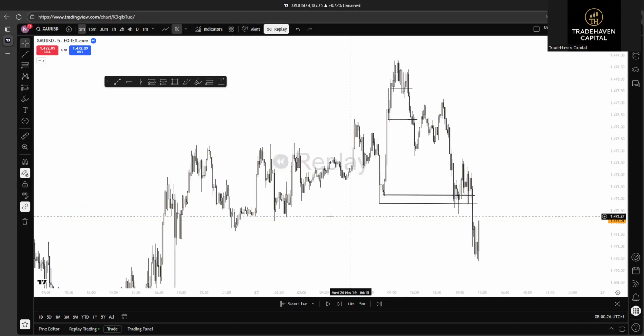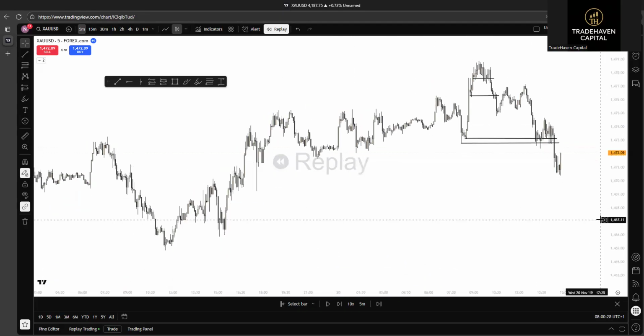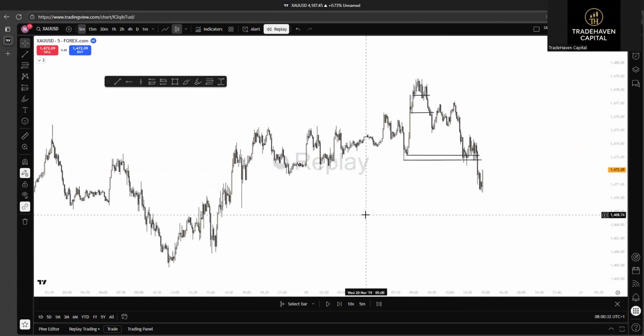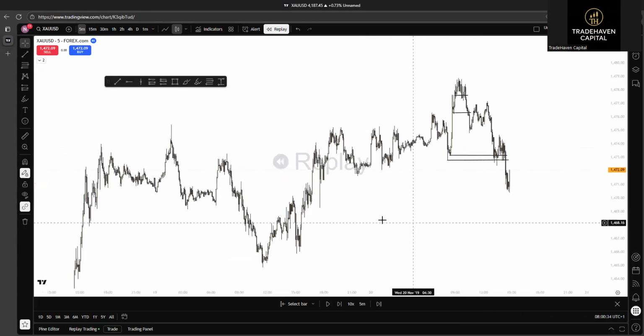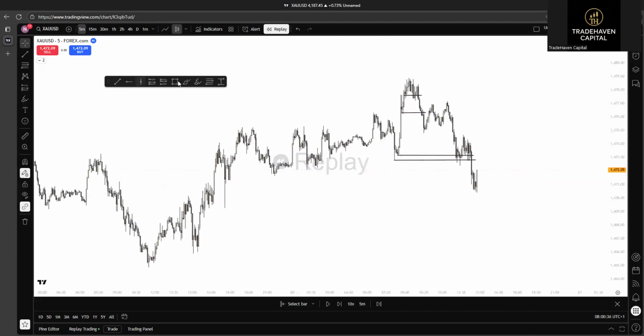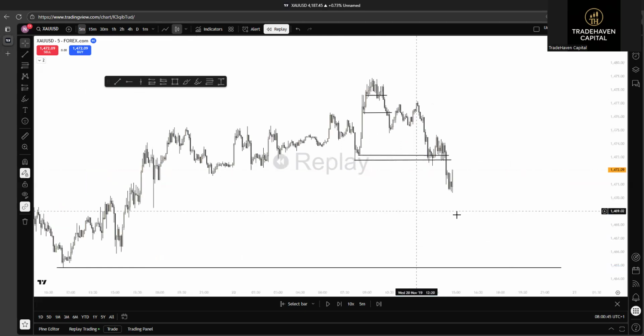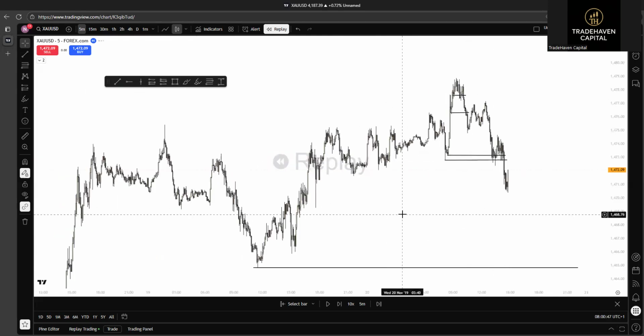And for others, their structure is intact until it breaks here. That is when they would see a break of structure, right?